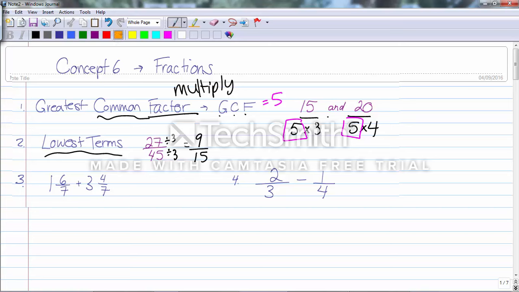Right now, I can't stop though, because I also know that both 9 and 15 are divisible by 3. Right? And I'm looking for the same number for the top and the bottom. So 9 divided by 3 is 3, 15 divided by 3 is 5. Now I'm good, because there is no number that 3 and 5 are both divisible by.